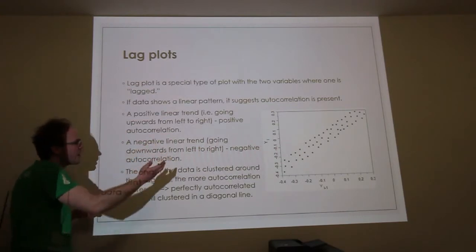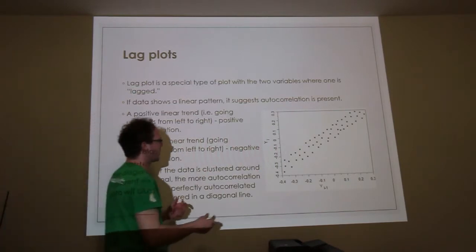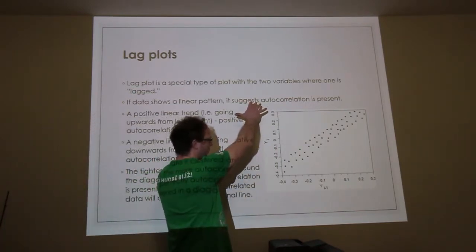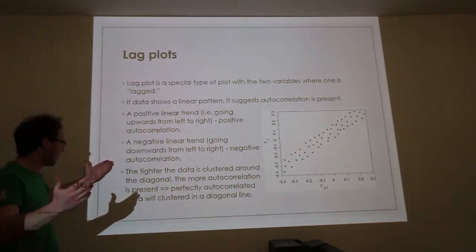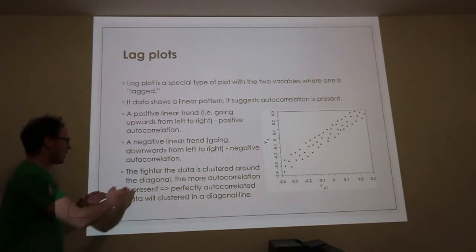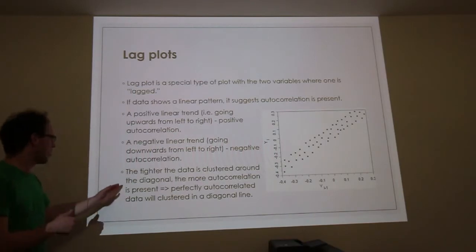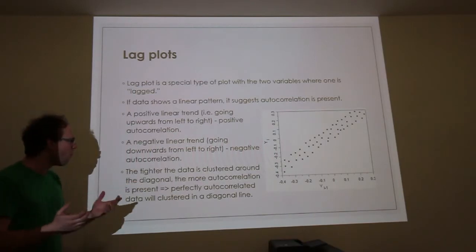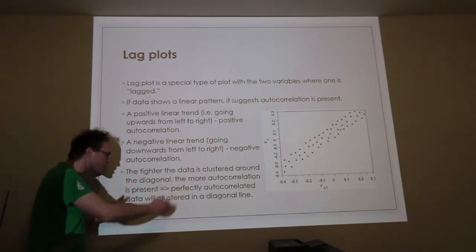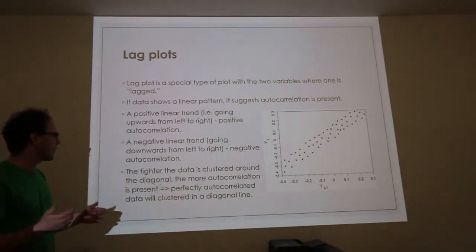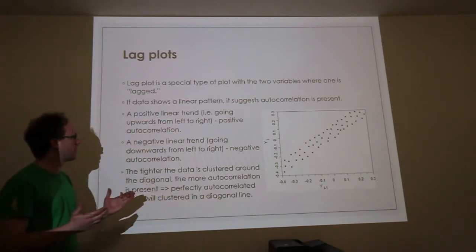A negative linear trend going downwards from left to right, as from the left top corner to the right bottom corner, negative autocorrelation. The tighter the data is clustered around the diagonal, the more autocorrelation is present. It means perfectly autocorrelated data well clustered in a diagonal line.